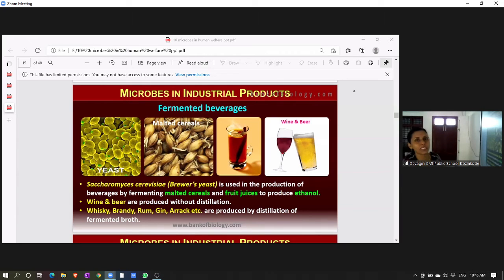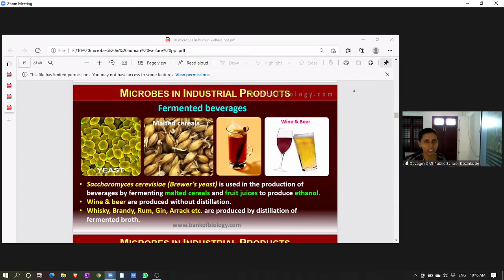What about whiskey and brandy? They are produced by distillation of fermented broth. Sometimes you get questions like write the names of the beverages produced without distillation or by the process of distillation. The second function of the microbe is how it is used in industrial products. In this chapter we are going to learn about only 2 industrial products.